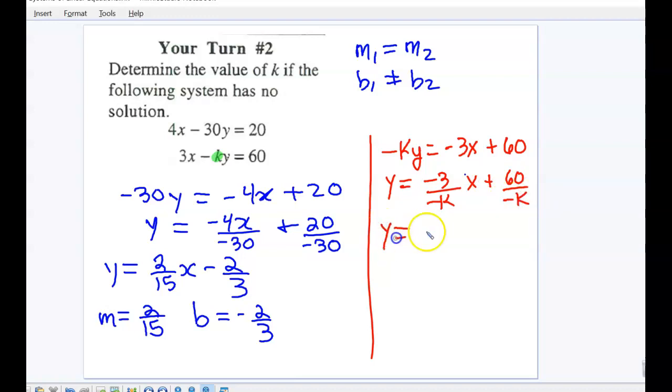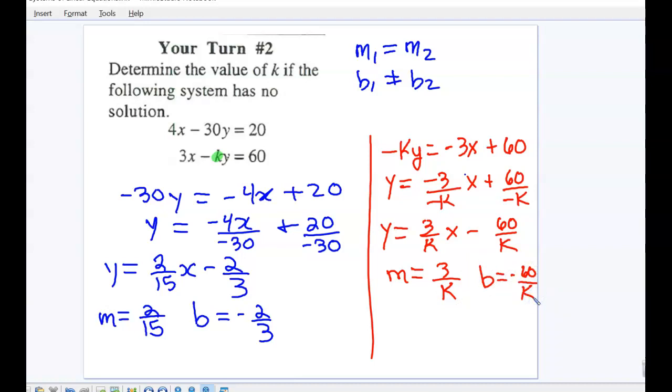So now I get y equals 3 over kx minus 60 over k. So my slope here is going to be 3 over k, and my y-intercept is negative 60 over k.